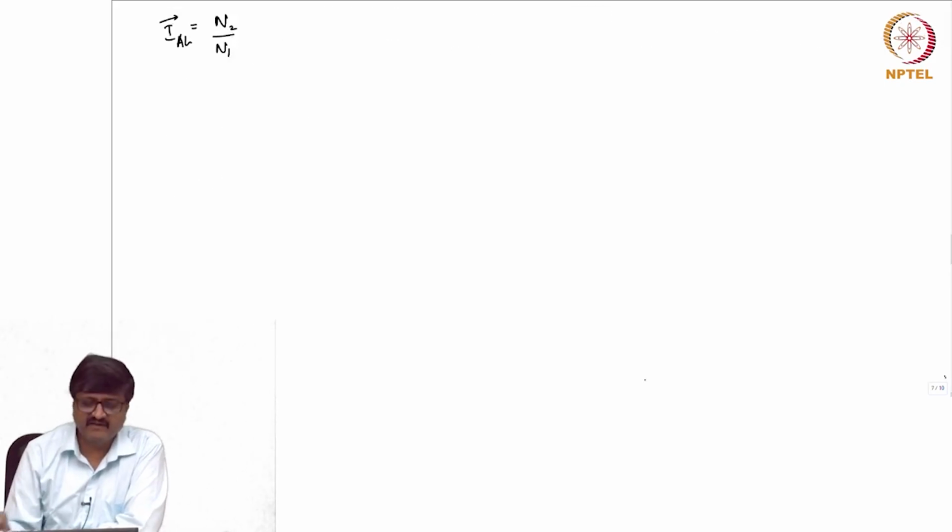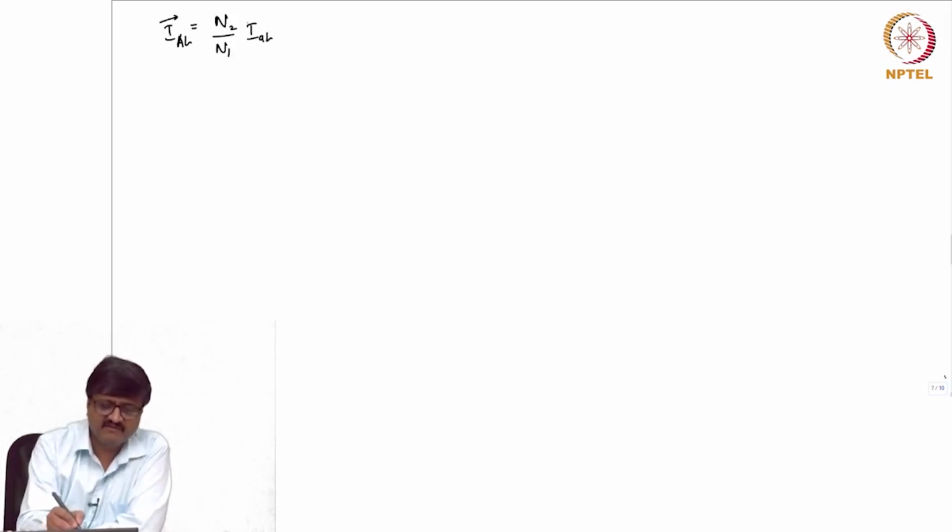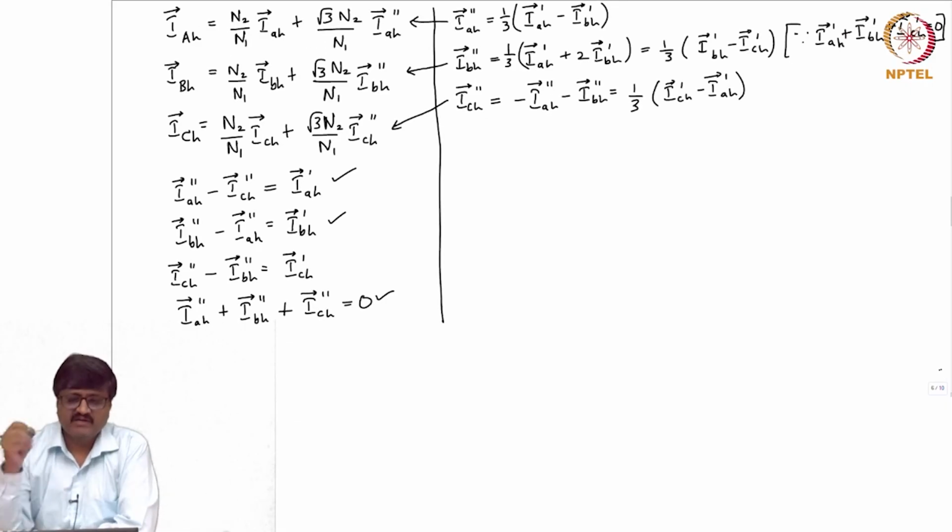So if I take IAH, it is equal to N2 by N1 IAH plus root 3 N2 by N1 into IAH double prime.